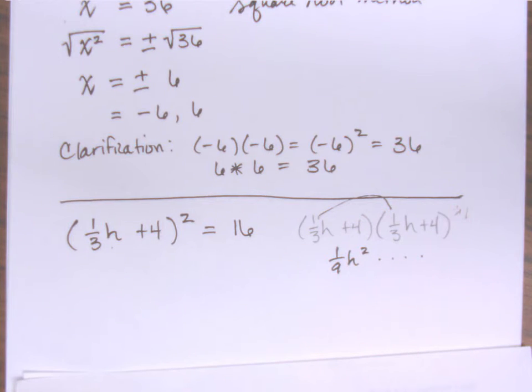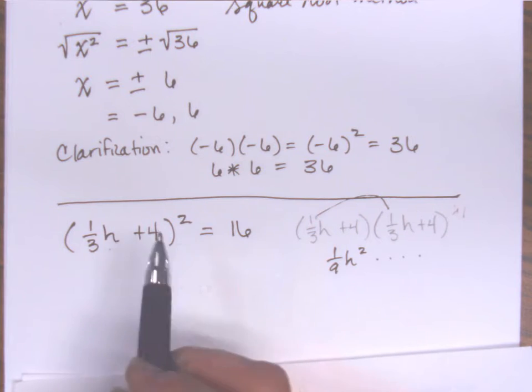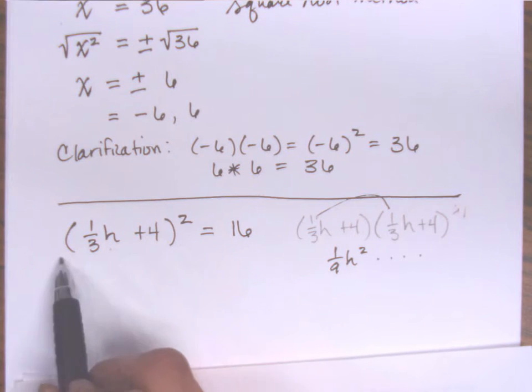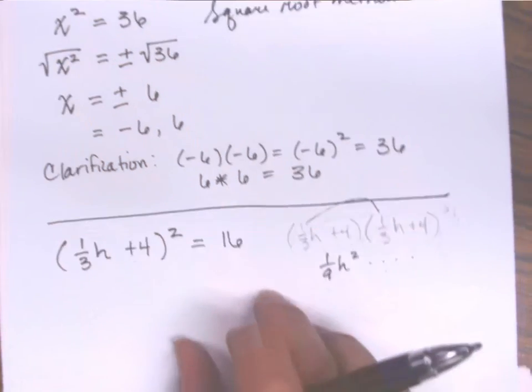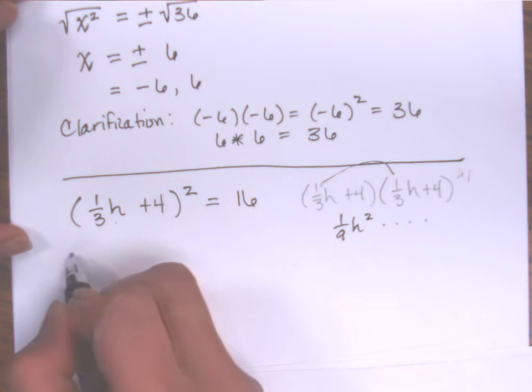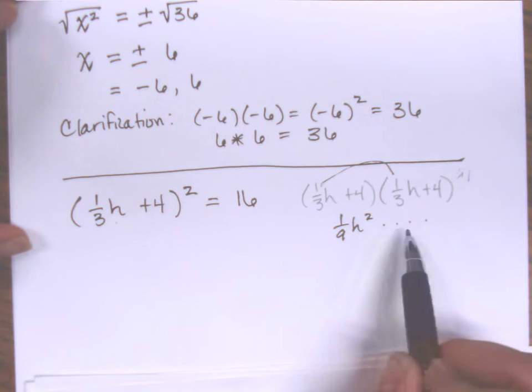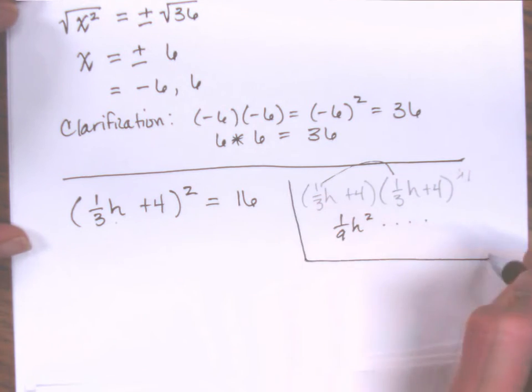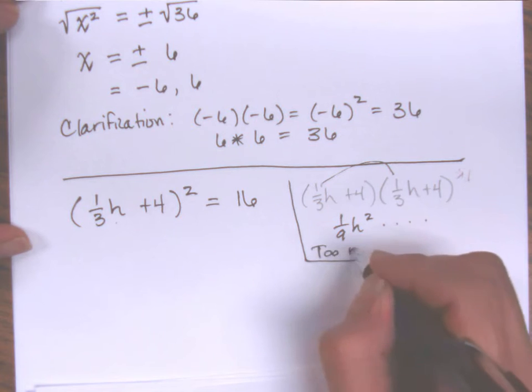But really you're just giving yourself more work. You don't have to use that method now because we have the square root method. This set of parentheses here, the entire thing is squared. So I can use my square root method to just get rid of my exponent instead of FOILing everything out. This is too much work.